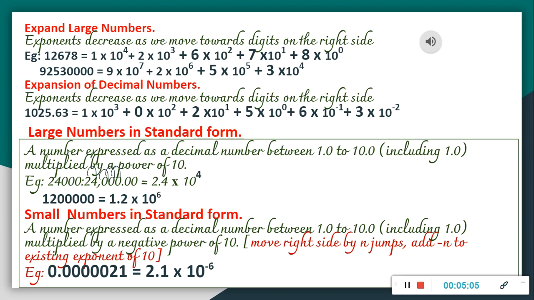What would that negative power be? That will be determined by the number of jumps that you have taken. Here we are making 6 jumps, shifting the point 6 places, so this would be 2.4 into 10 raised to minus 6. That is the standard form of the given number. Clear?